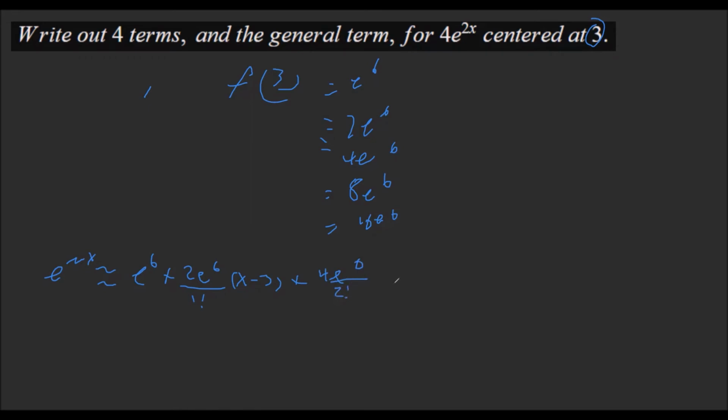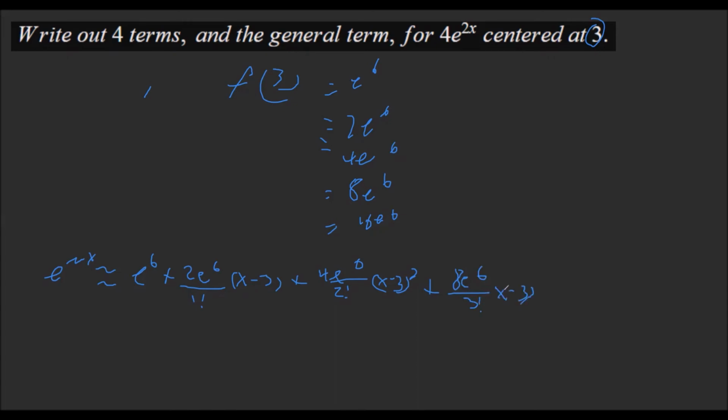Now, this can be simplified, however, I don't feel like it. Times x minus 3 squared, plus the fourth term, which is f triple prime of 3, which in this case is going to be 8e to the power of 6 over 3 factorial times x minus 3 cubed.